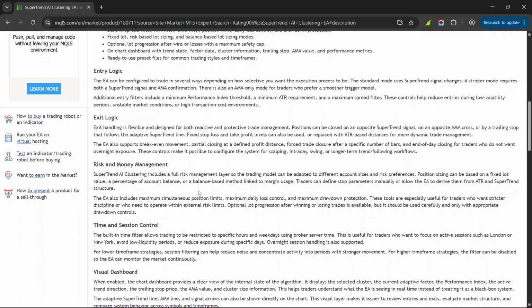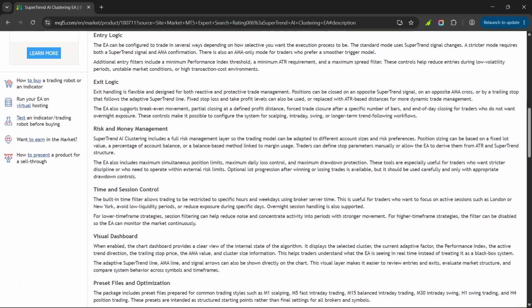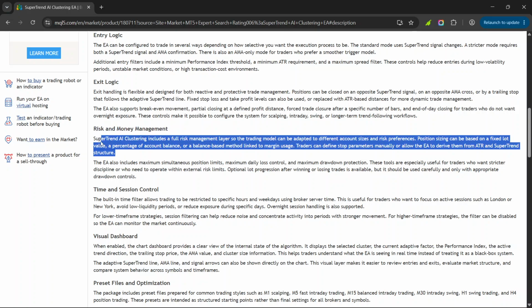The whole thing is built to adapt to different volatility regimes and market structures automatically. Now, there's a risk and money management claim here. However, it's best to be well informed and use your own risk and money management technique.